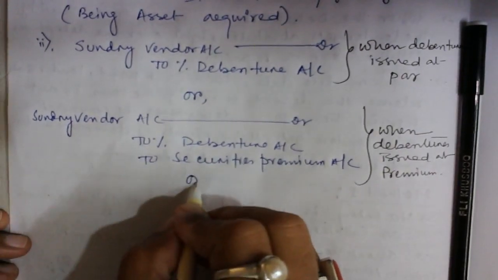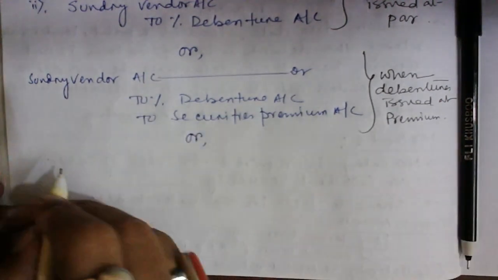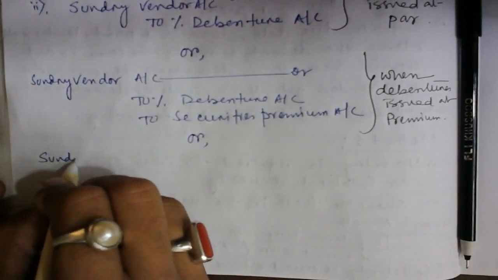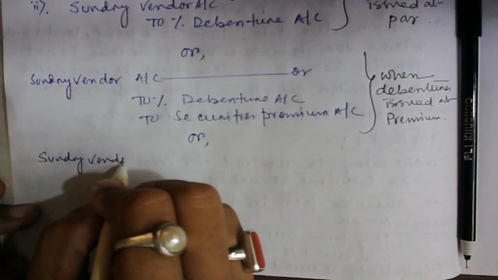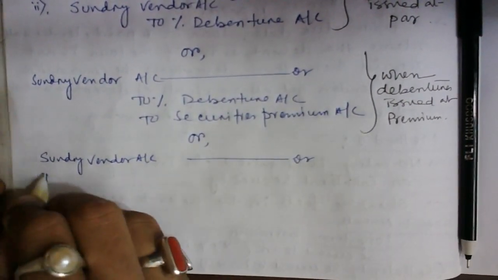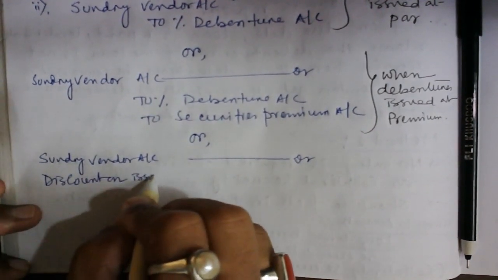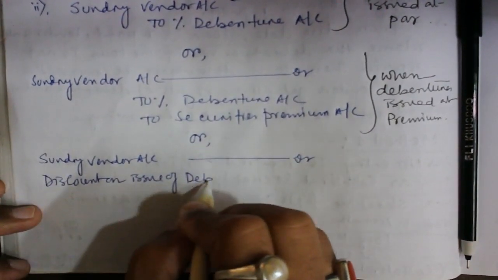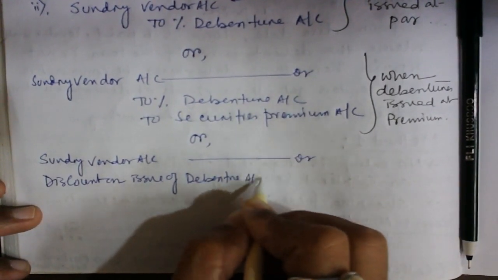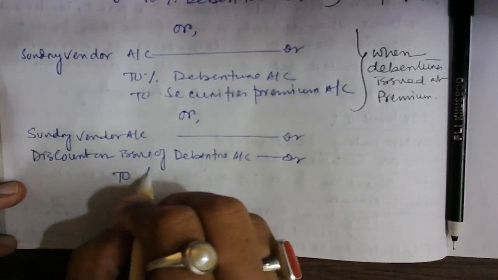Now, or suppose debenture issued at discount. So sundry vendor, okay. See, debenture issued at a discount. So discount on issue of debenture to, you can say, percentage debenture.